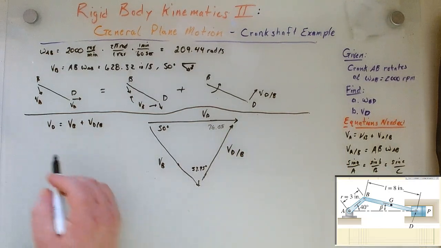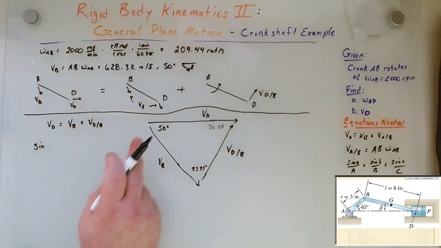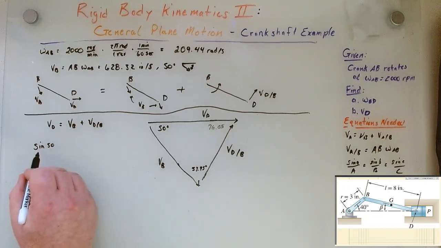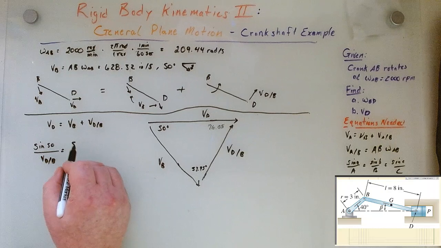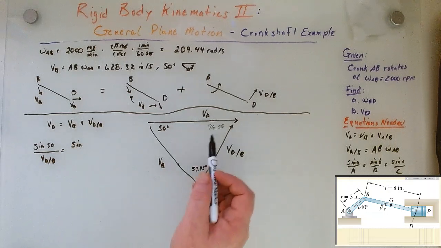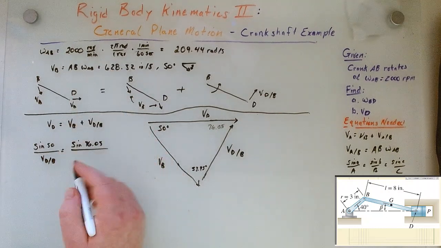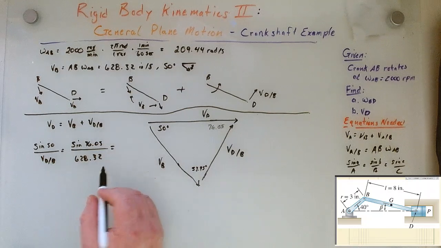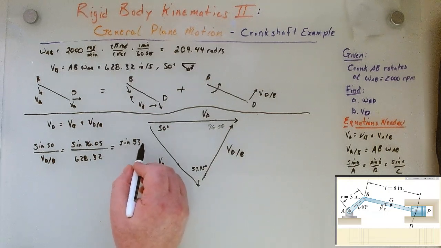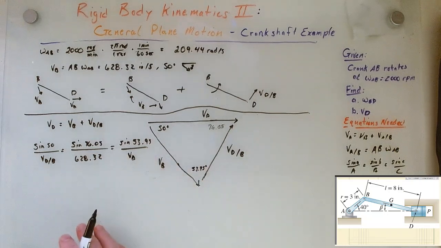So the law of sines is: the sine of 50 over VD with respect to B is equal to the sine of 76.05 over VB, but we have a number for that, so 628.32, is equal to the sine of 53.95 over VD, right?